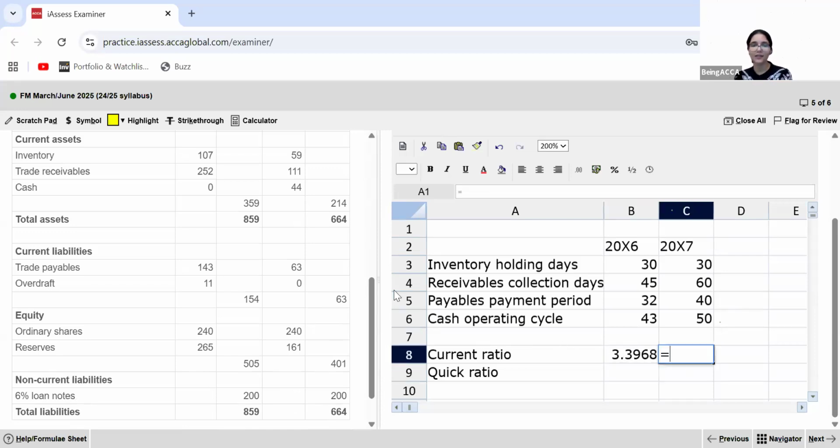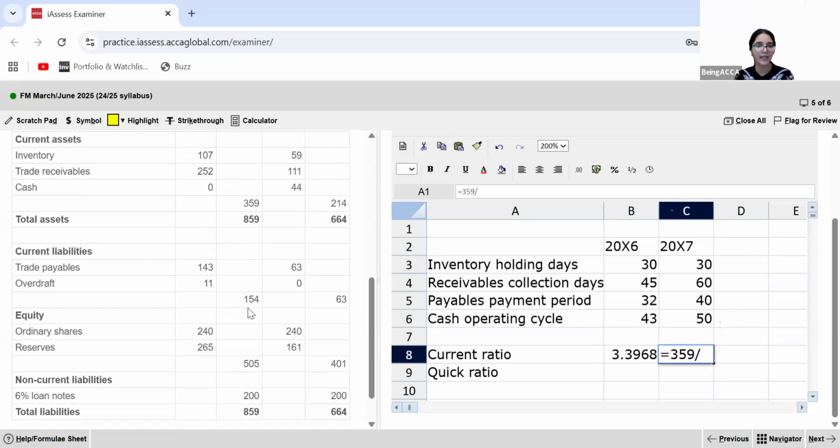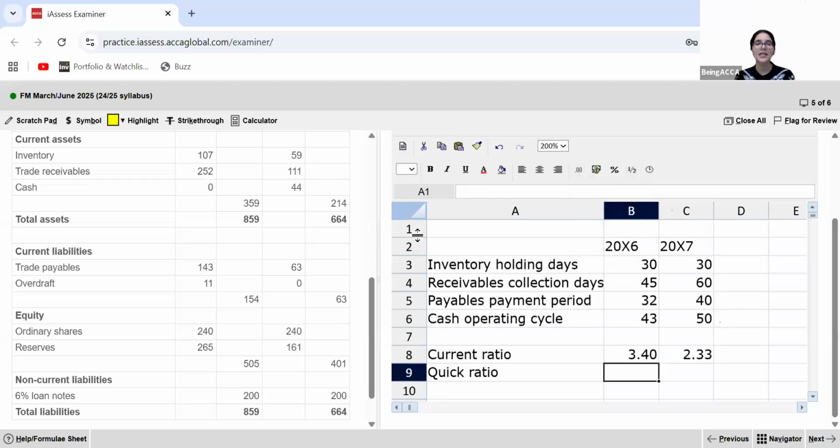And for the other year, it is 359, divided by 154 worth of current liabilities. This is what my current ratios are going to look like. Here I can give answers to two decimal places. So this is what these ratios look like.